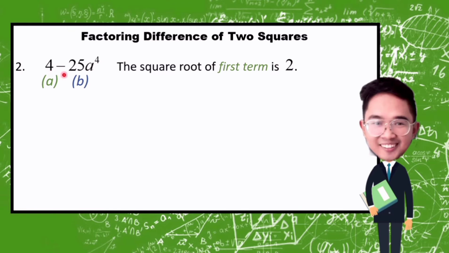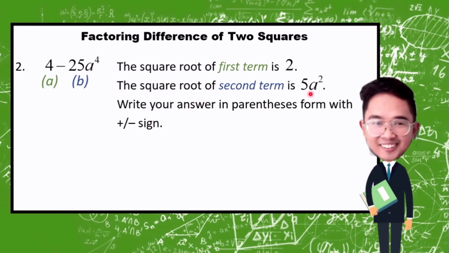How about the square root of 25a raised to 4? Excellent. The square root of the second term is 5a squared. The square root of 25 is 5. And the square root of a raised to 4 is a squared.